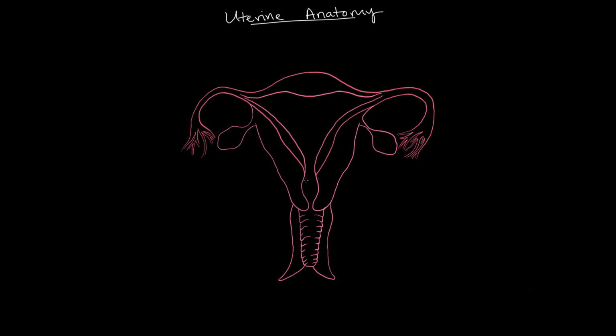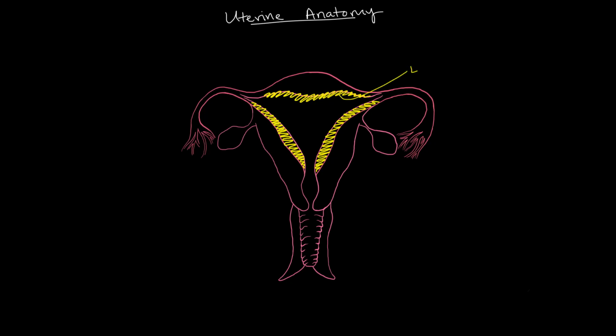So we'll start with the uterus itself, and the uterus has two main tissues that we'll talk about today. The first is the endometrium, drawn in here in yellow.